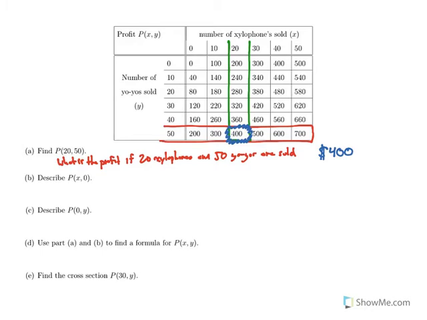So now let's look at these things called cross sections. That is going to be B, C, and E are all going to be cross sections of this function. So the first one we're going to look at is, what is P of X,0? That is, what happens if no yo-yos are sold?